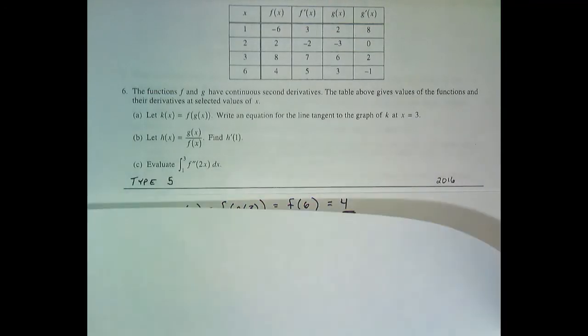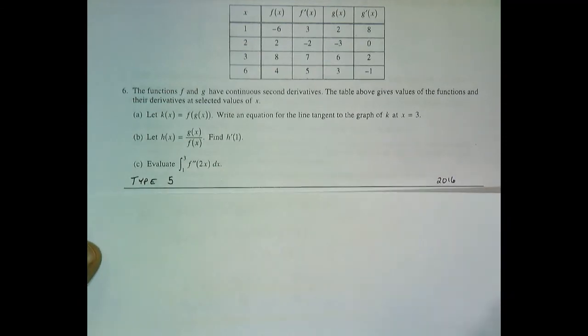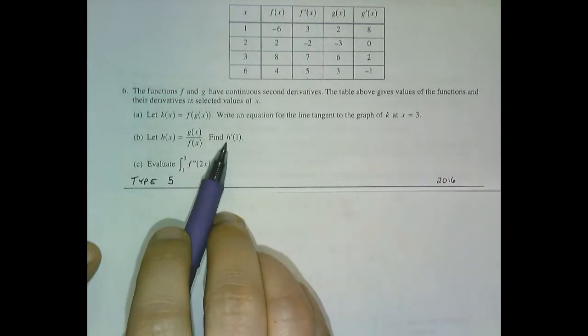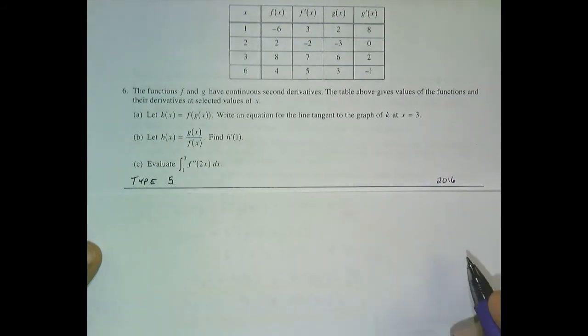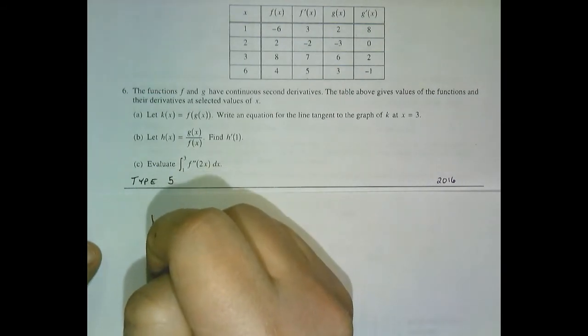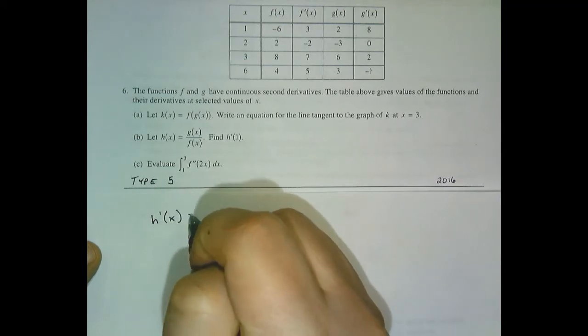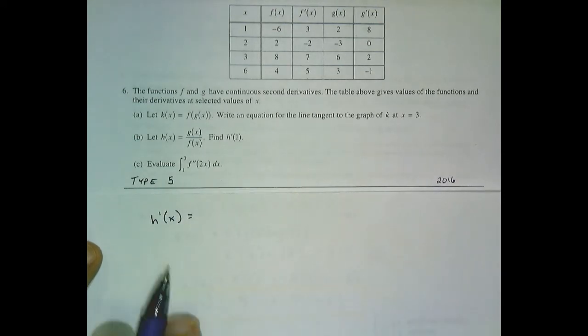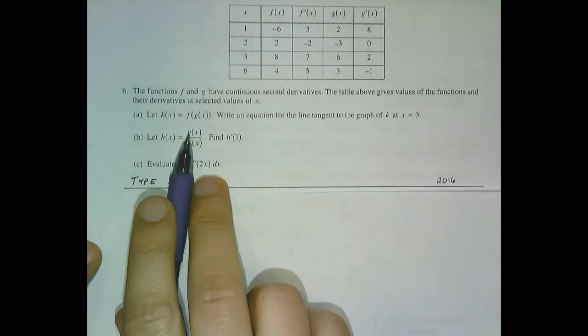Moving on to part B. Part B, we are given a quotient and we're asked to find the value of the derivative of that quotient at 1. So first off, we'll write our derivative in terms of x. So we have a g and f.